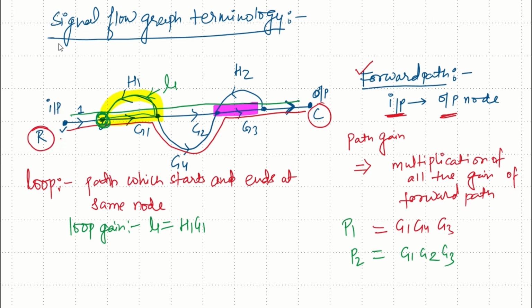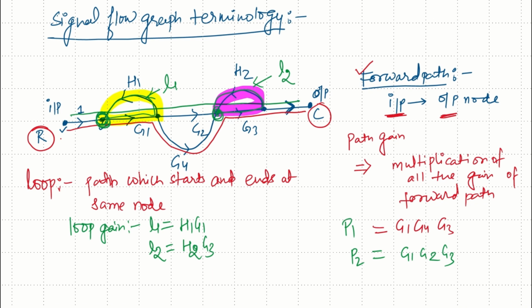This is also a loop here, which originates from this terminal and terminates at the same terminal. Suppose I am representing this with the L2 loop. So the loop gain of this is H2 into G3. Is there any other loop in this signal flow graph? I think there is no loop other than these two, L1 and L2.